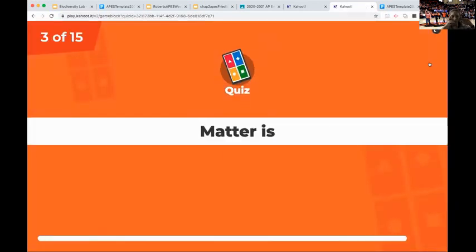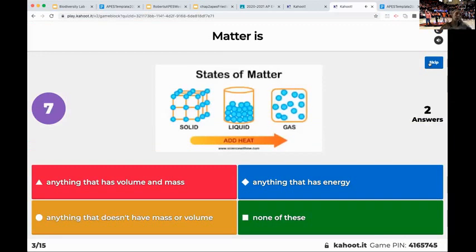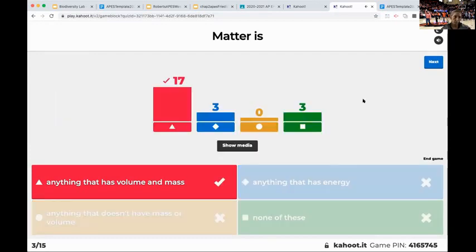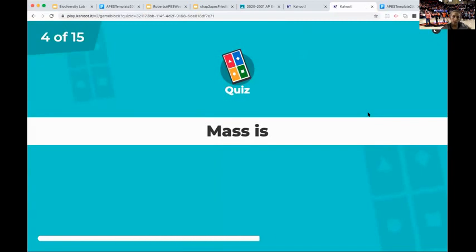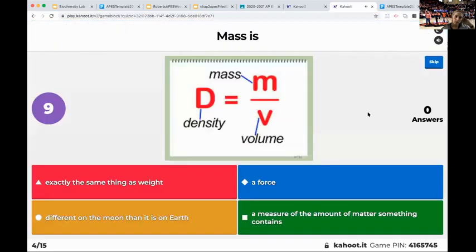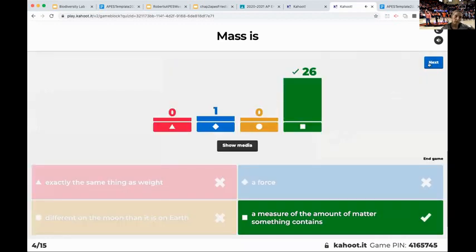Right, the very first couple slides, and first target is on matter versus mass and elements and compounds. Good, anything that has volume and mass. Measure the amount of matter.